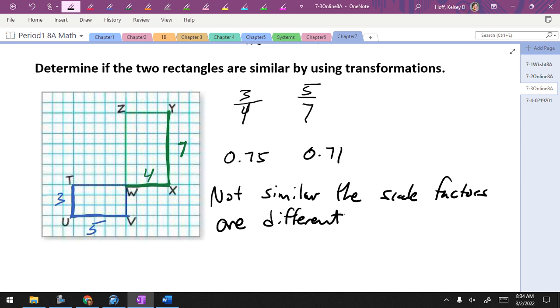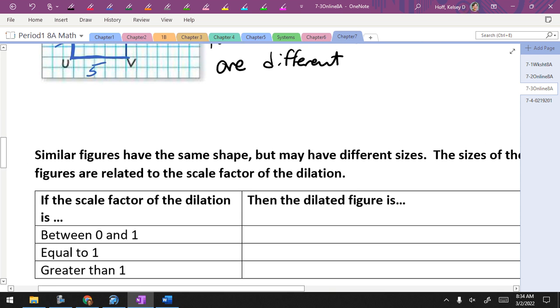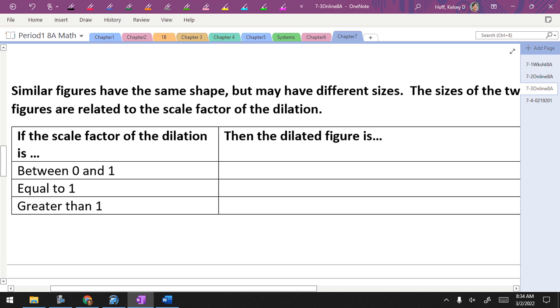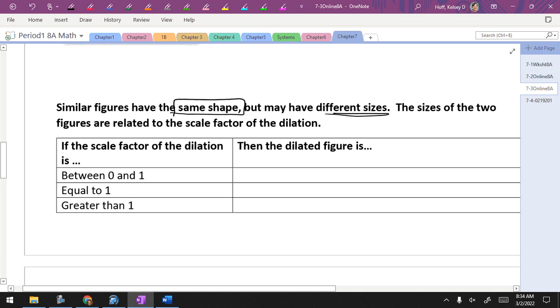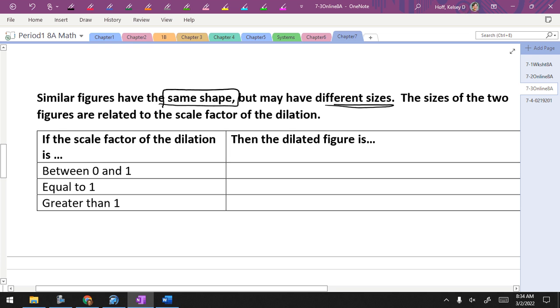All right, let's see how much you remember from 6.4 last chapter. Similar figures have the same shape, different size. The size of the two are related from the scale factor. When your scale factor is between 0 and 1, the dilated figure, did it get bigger, smaller, or stay the same? It got smaller.